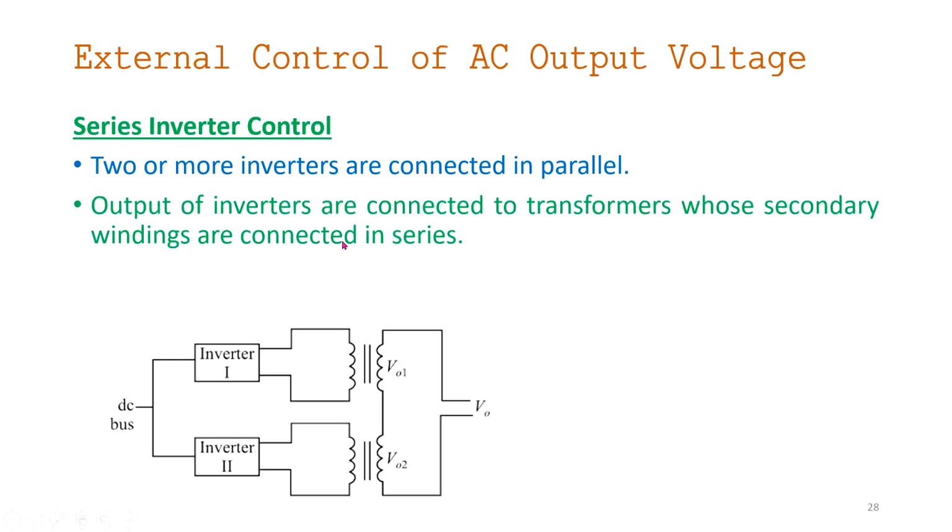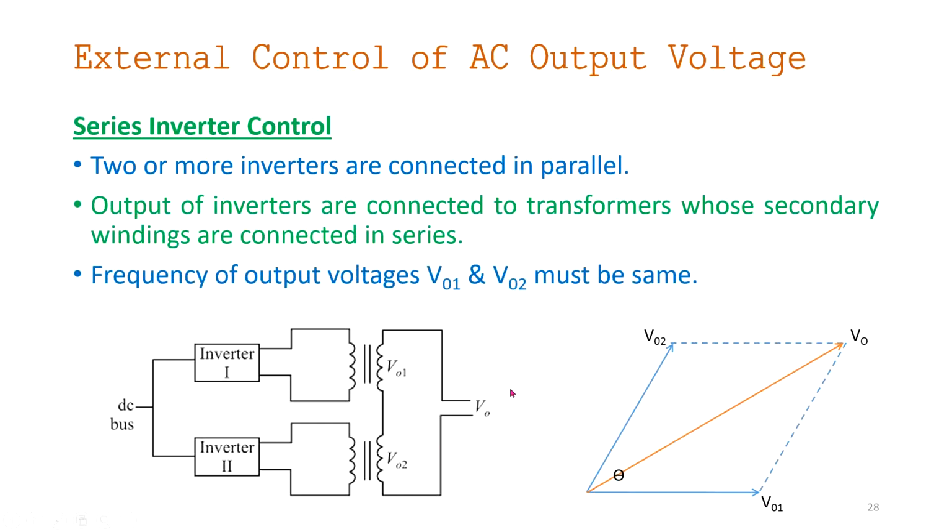The outputs are connected to the transformer whose secondaries are connected in series. Okay, this is output one, this is output two, and they have some phasor sum, and the frequency of the output voltages V1 and V2 must be the same. This is very similar to an industrial situation.